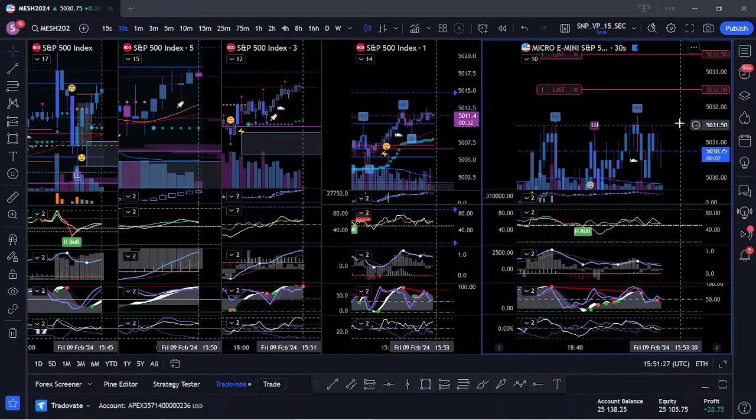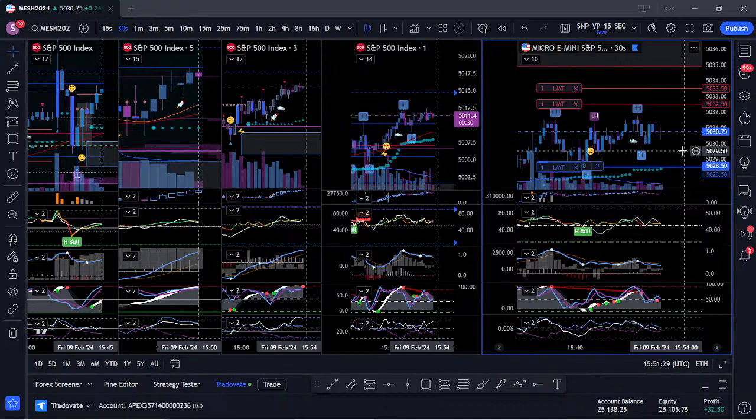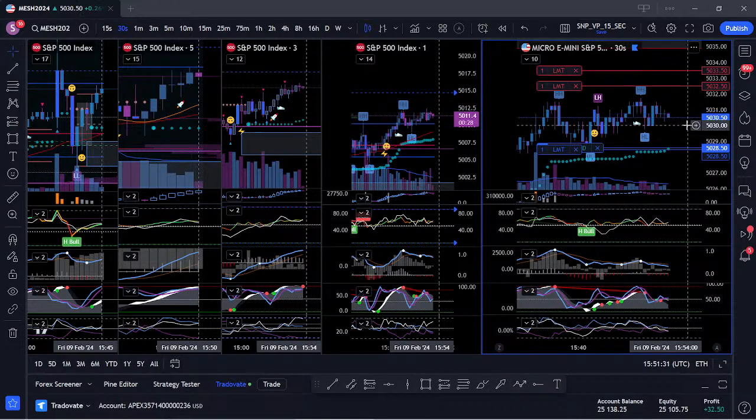All right, consolidation takes a while. That's the problem with the 15 minutes. Just need to be patient. No need to panic.